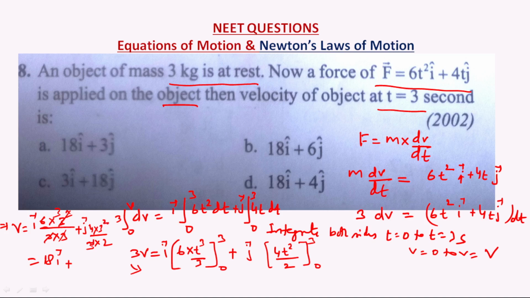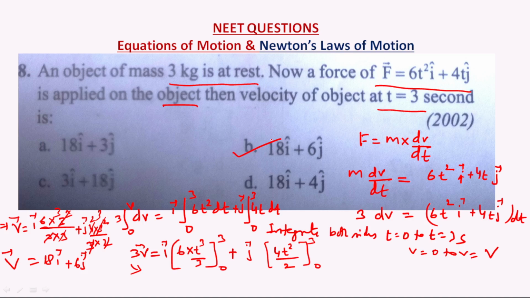So 3 got cancelled and 2 got cancelled. So here it will be 6j. So the velocity component v is equal to, in vector notation, 18i plus 6j. So answer B is correct.